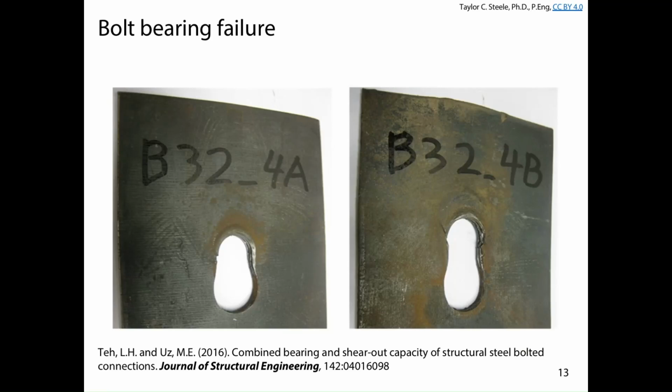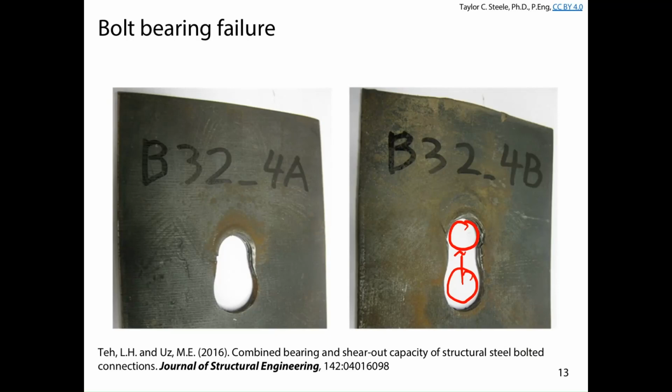You can see here there's some yield lines kind of out this way, and you can see from the flaking of the material off the plate around the hole that stress sort of propagates outward, similar to if you had a foundation on soil. The stress goes out towards the area in front of the bolt, and as that material fails, the bolt moves significantly from the original location, which is in the center of the bolt hole. It moves out through the steel, and this is what we call bolt bearing failure.